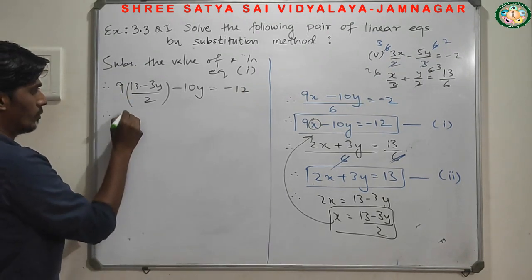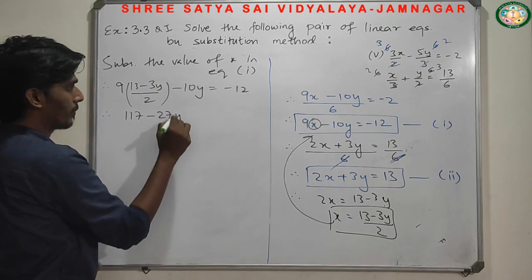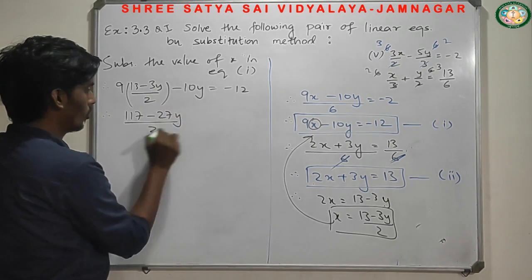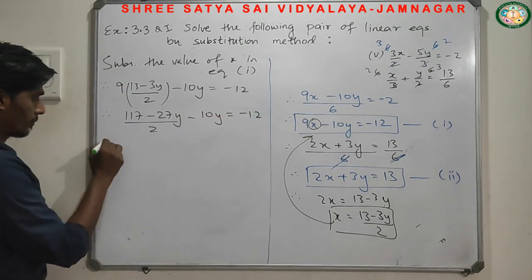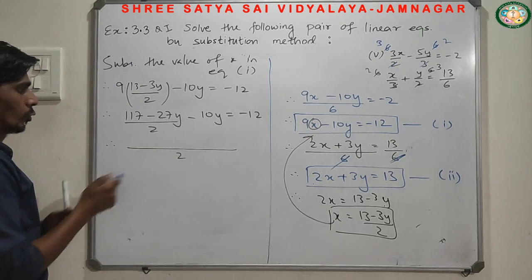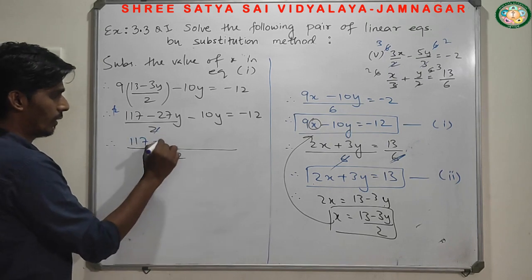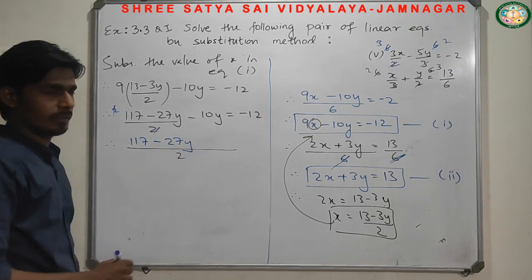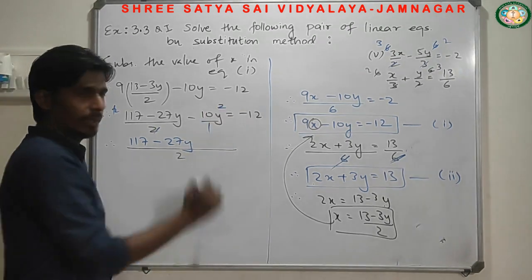So 13 9s are 117, 9 3s are 27y upon 2 minus 10y equals to minus 12. LCM is what? 2. So 2 is already here. So this 2 and 2 get cancelled. 117 minus 27y. Now if nothing is there means 1. So LCM यहाँ पे multiply होगा.